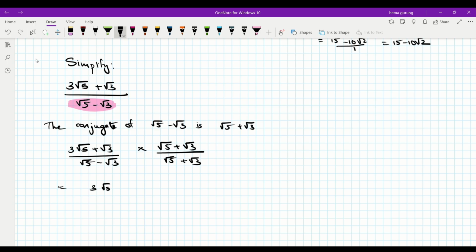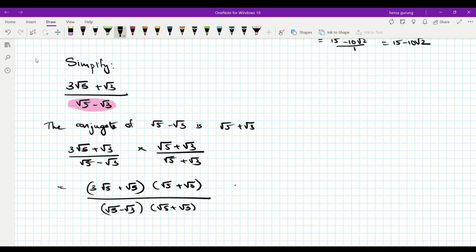Let's multiply them. Don't forget, we have to multiply two binomials here, so don't forget to put brackets there. Then root 3, what is it now? Again, we'll distribute this with the whole second term.